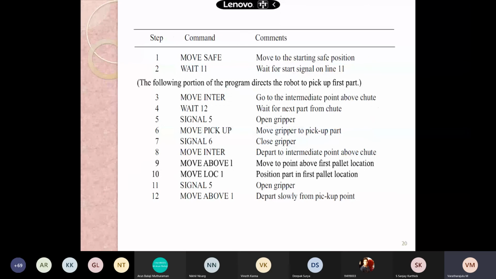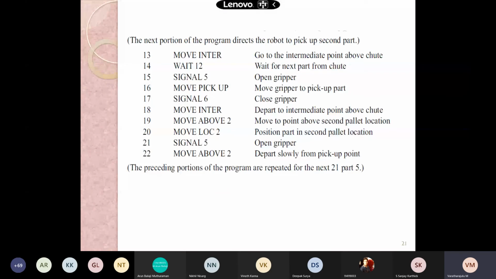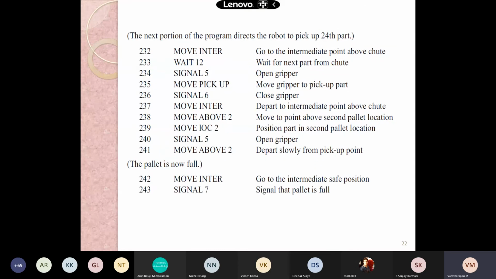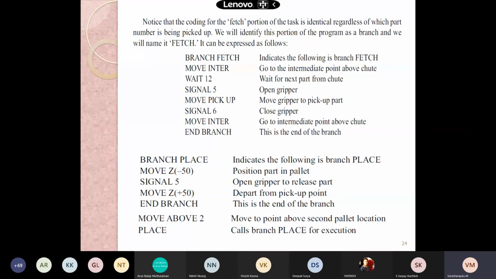With that, you add a few more. I'll tell you. 85 fetch 24th part, and 86 move above 24, move to 24th position, and 87 place 24th part, and 88 move enter, go to intermediate safe position, and 89 signal 7, signal that pallet is full.